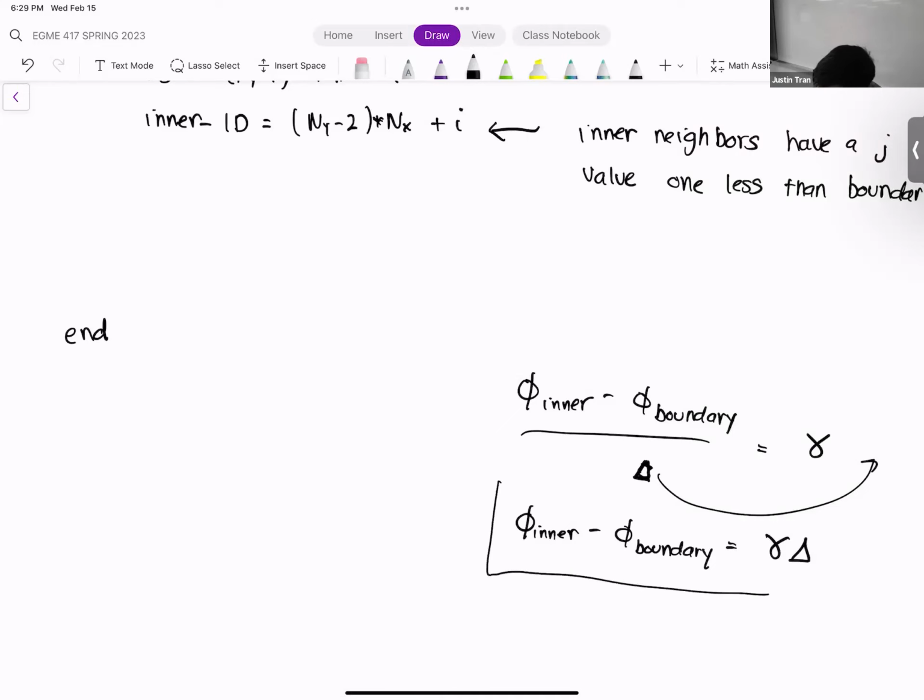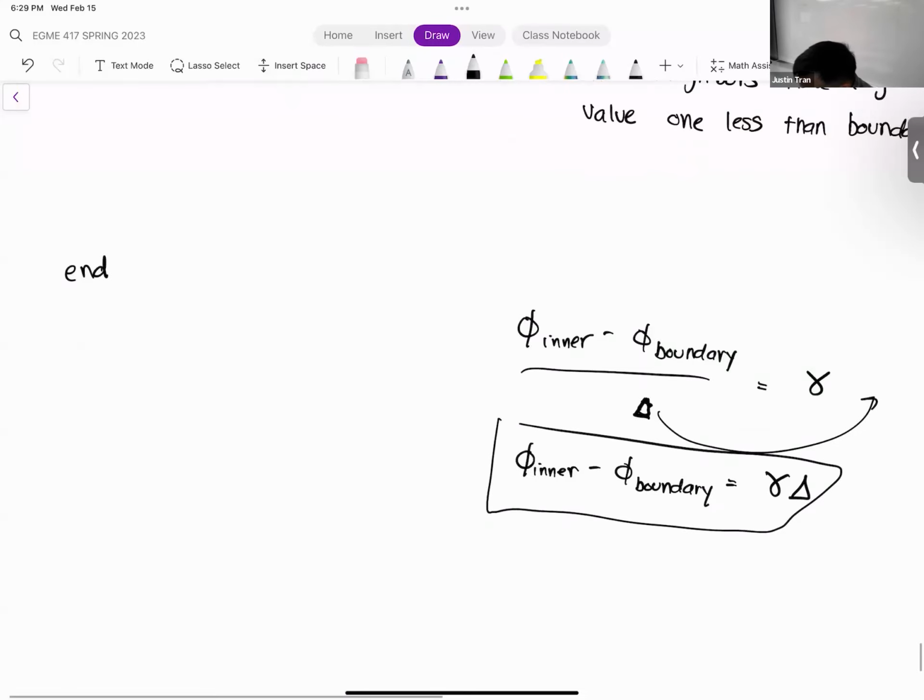So this is our finite difference equation for the Neumann boundary condition. What this tells us is that the coefficient for inner phi is going to be 1, and the coefficient for phi boundary is minus 1.